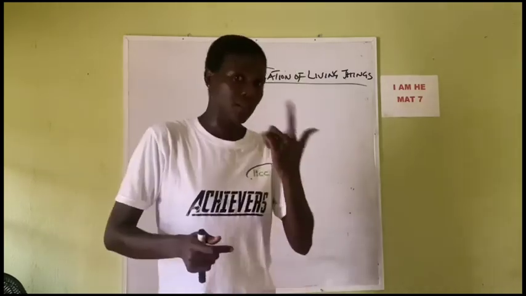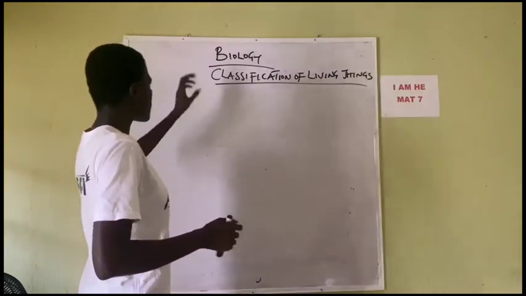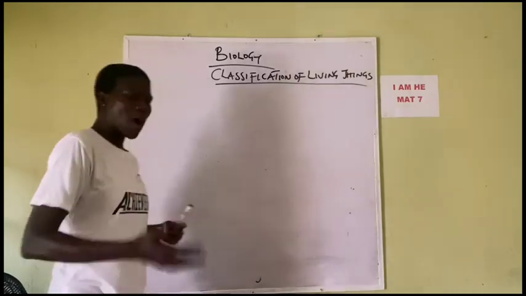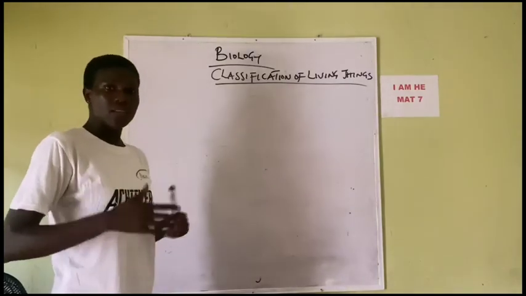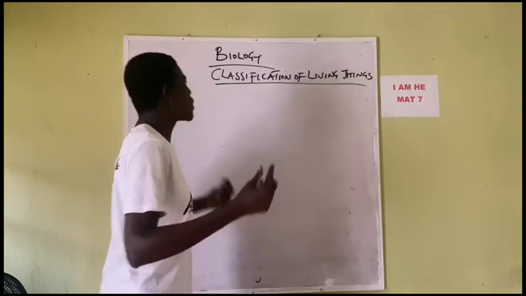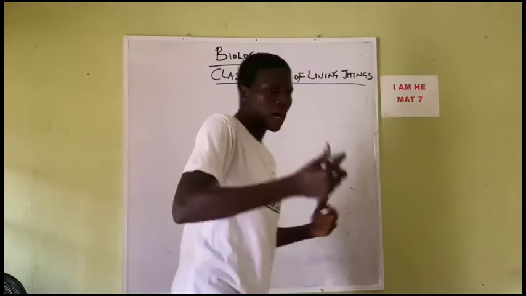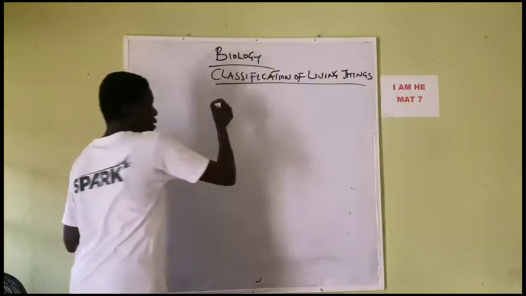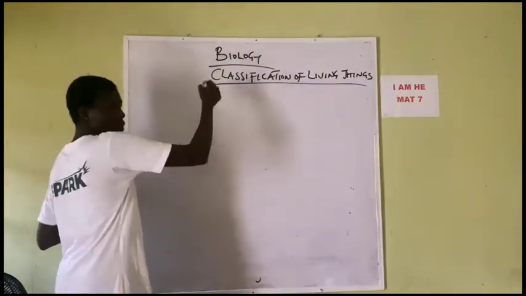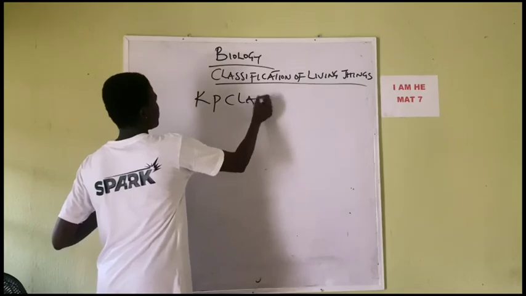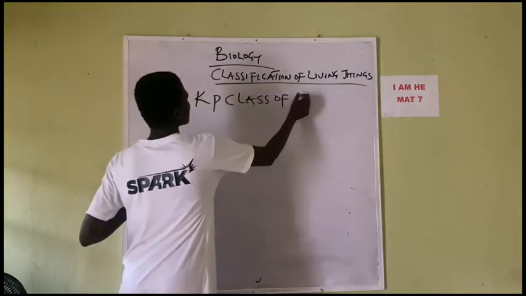So let's get back straight to the board. We have classification of living things. Now, why do we need to classify living things? Like I said, I've explained that. Living things were classified into seven orders. This is the mnemonic I use in remembering it. It's called the KP class of GS.